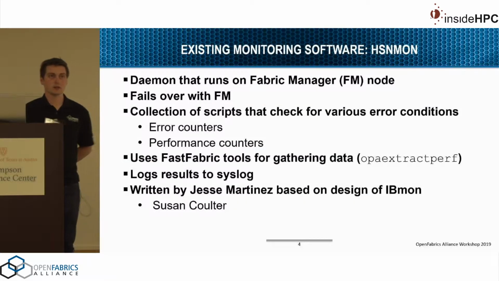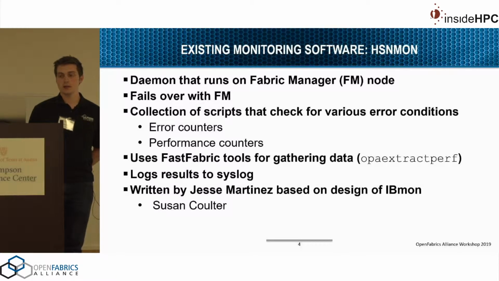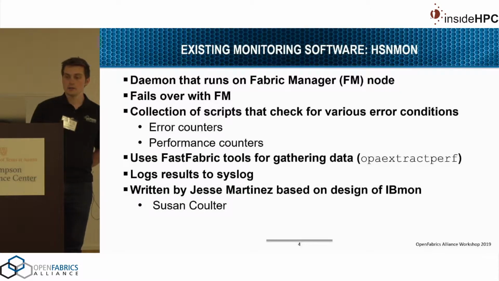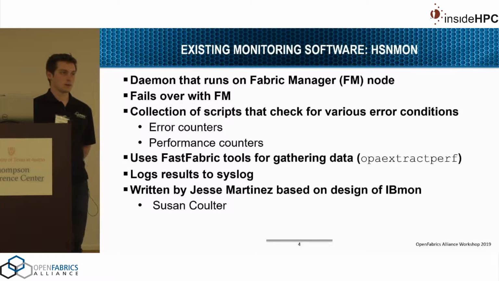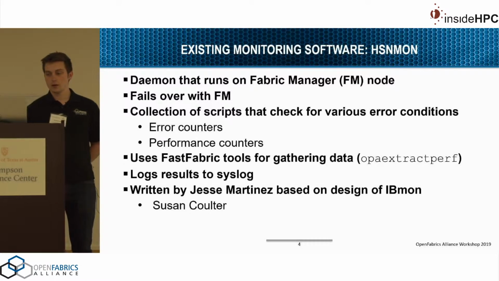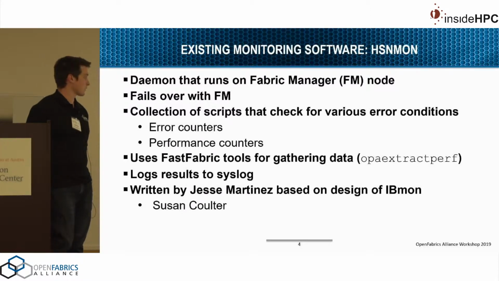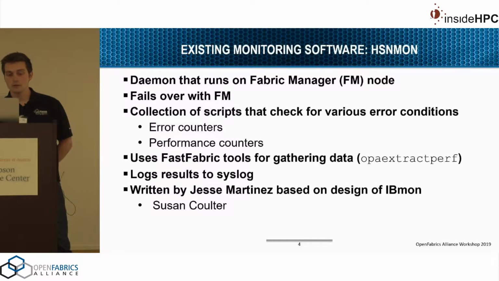So I'll talk a little bit about the architecture of this application. It runs as a daemon on the dedicated Fabric Manager node, and it fails over with the Fabric Manager. This is a collection of scripts that checks various error conditions, running the fast fabric tools that are provided by Intel, including OPA extract perf. That's the tool specifically for gathering the transmit and receive counters.